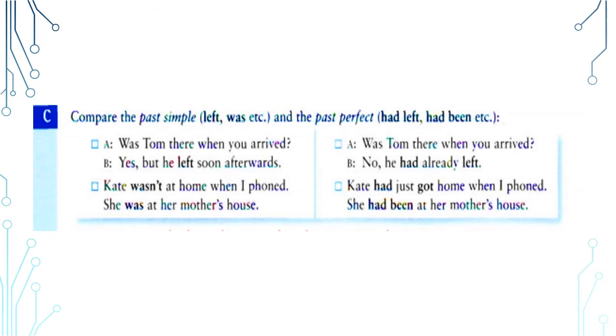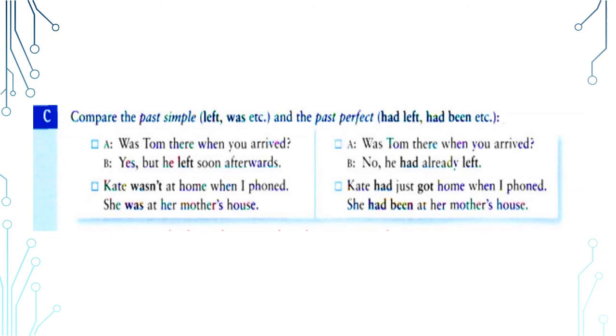Was Tom there when you arrived? No, he had already left. In the second sentence, he had left before I arrived. But in the first one, he left after I arrived, because he left soon afterwards.